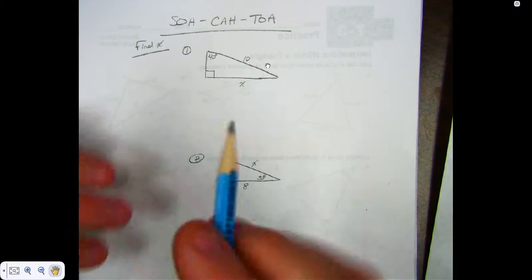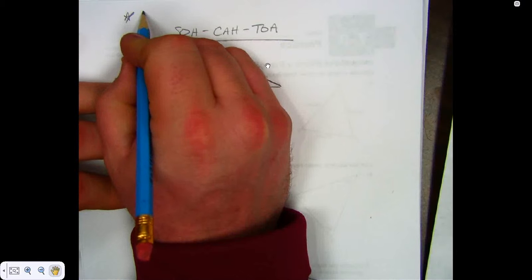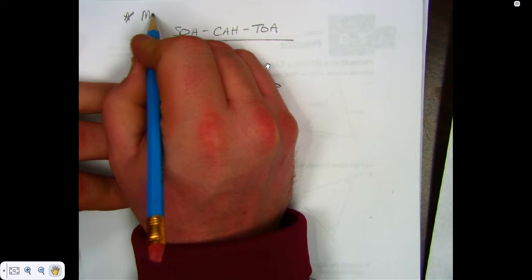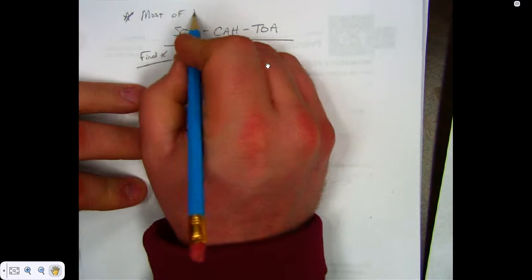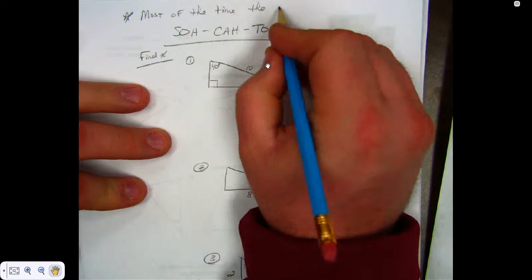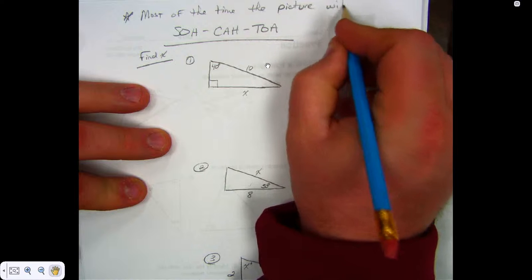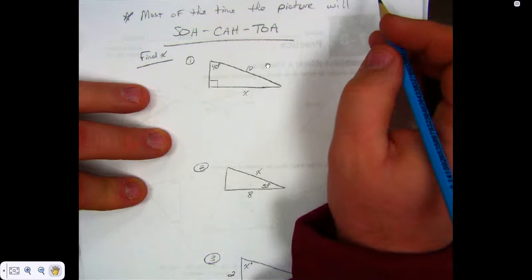What we're going to do is talk about the three types of problems you have. And the number one thing you need to remember about these, most of the time, the picture... Is there people still writing?